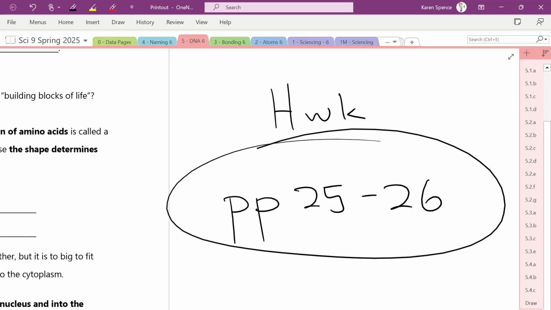That's specifically the process by which an RNA is made. Transcription. Yeah, transcription.